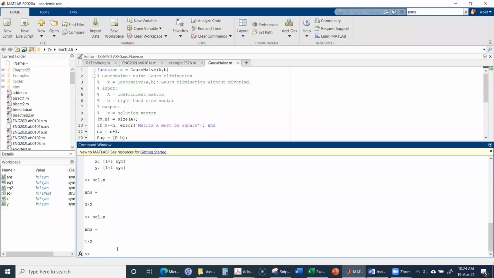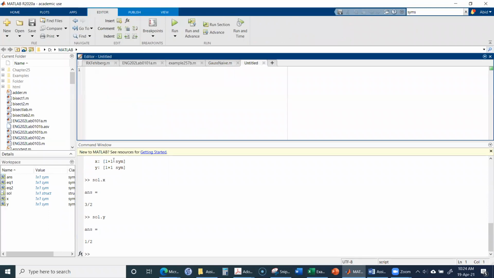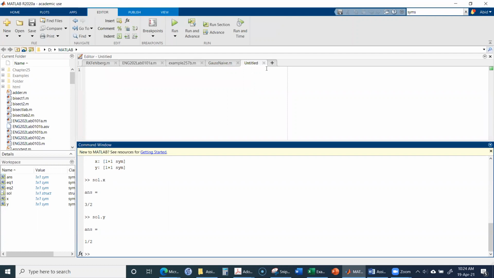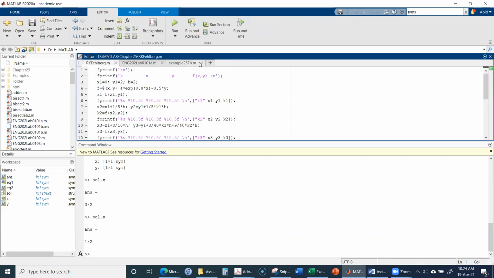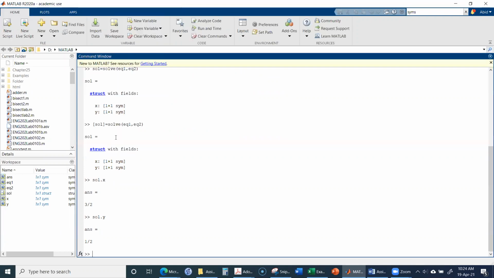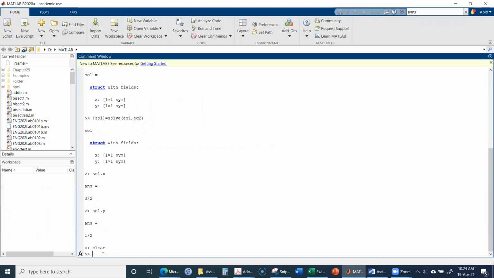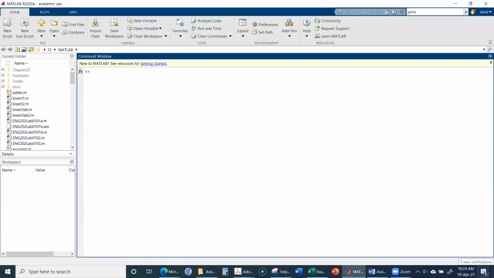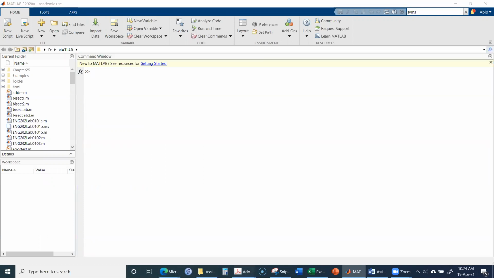So for example, on Matlab, let me clear everything and clear the screen.